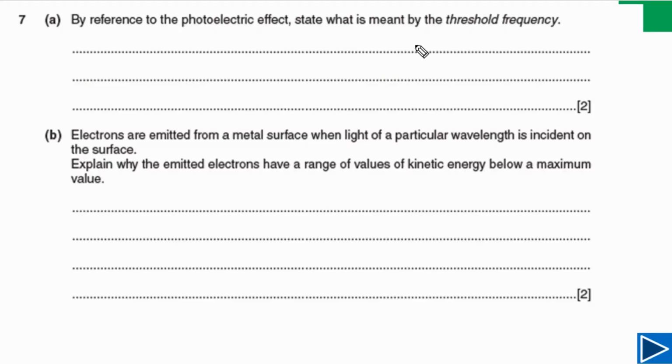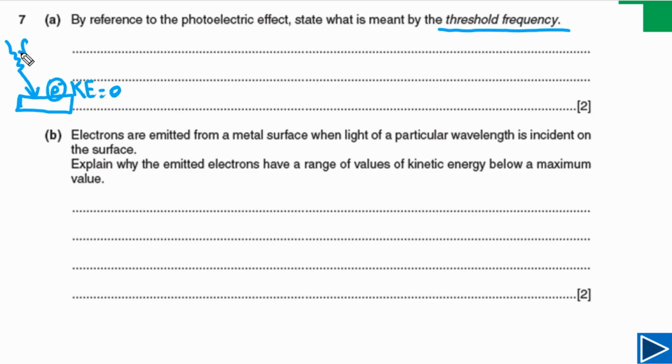Part A is simply asking us to explain what threshold frequency is. Threshold frequency simply means that, let's say we have a piece of metal and we shine light on it, and let's say an electron is emitted from this surface, and this electron has no kinetic energy, meaning it is just emitted from the surface and just sitting there.